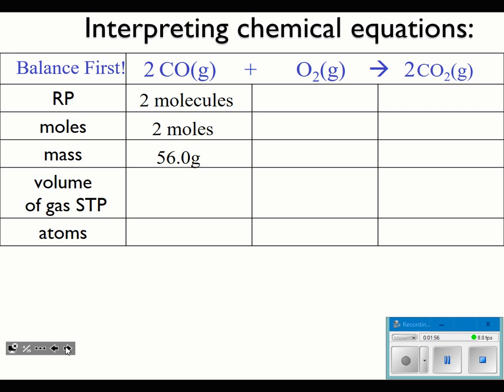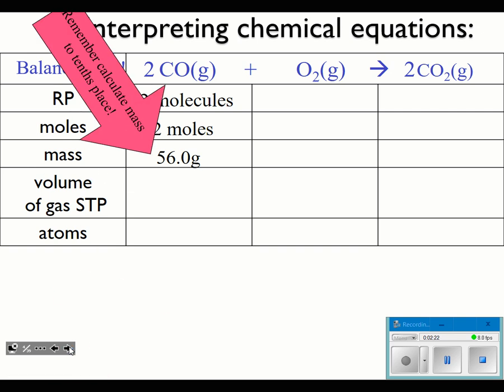Okay, and so those added together would be 12 and 16 is 18 grams. No, that's wrong. That's like 38 grams. My math's not well today. So 12 plus 16 is going to give me 28 grams, and 28 times 2, because I have 2 molecules of it, would give me 56 grams of it. That's why there's 56 grams there.